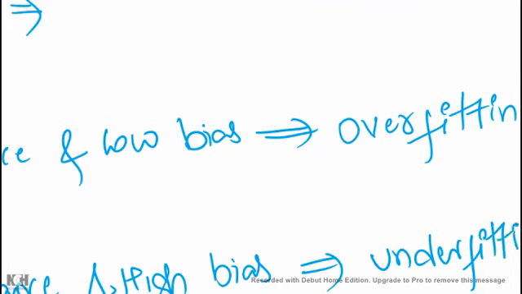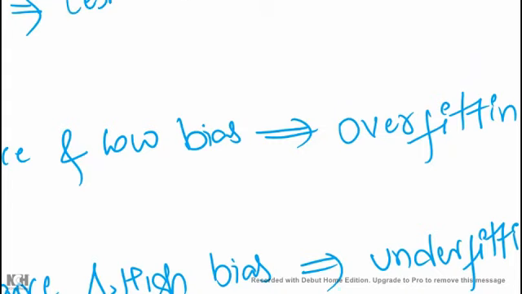High variance and low bias. Now, what is meant by low bias? Bias means nothing but train error, and variance means nothing but test error, in simple words.